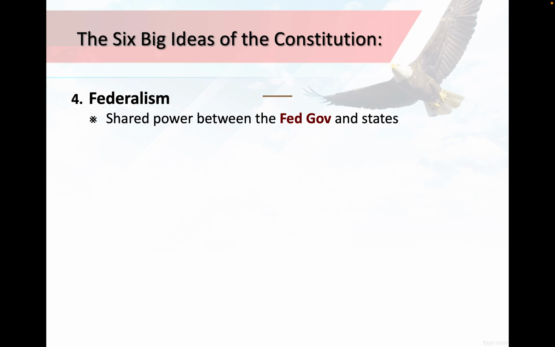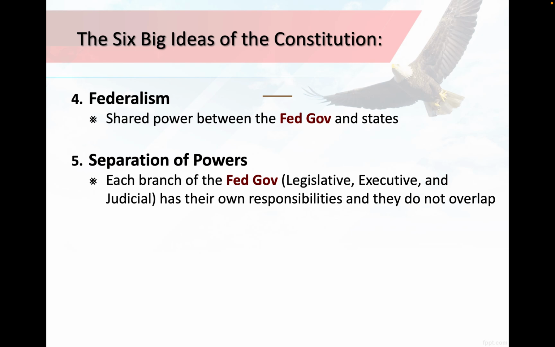If limited government talks about how they each have some power, but that power needs to be limited to make sure that no one's in too much control, federalism is about sharing that power between the government and the states. So if a state needs to approve something that the federal government did, that would be federalism, because there's a shared power there.